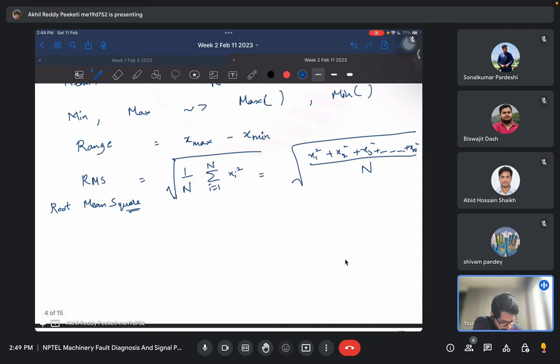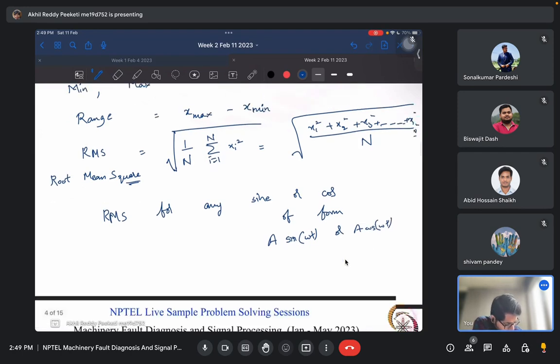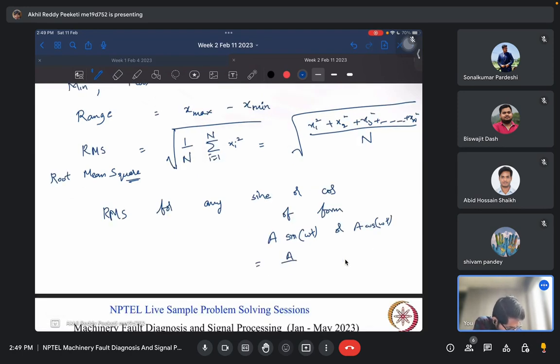So usually the RMS for any sine or cos of the form A sin omega t or A cos omega t would be A by root 2.